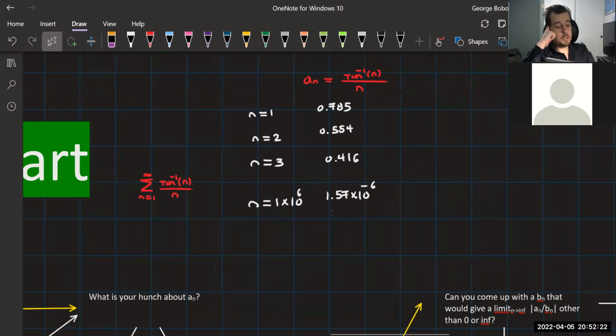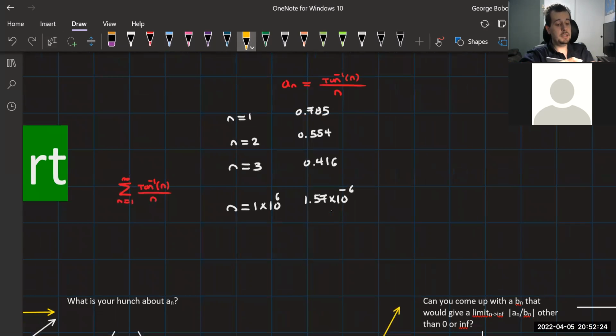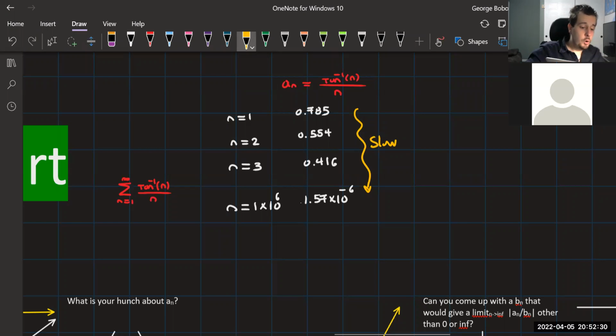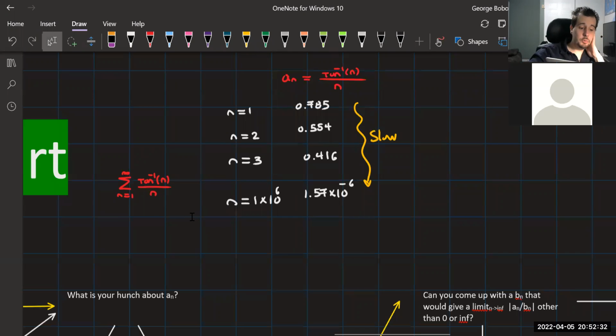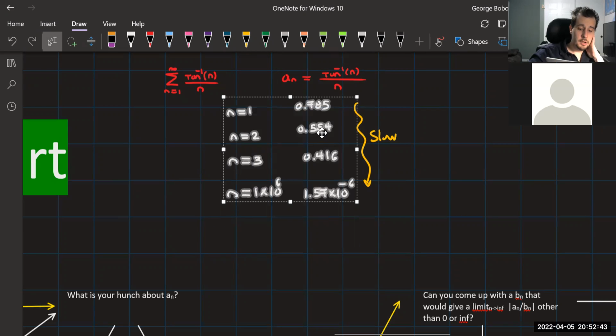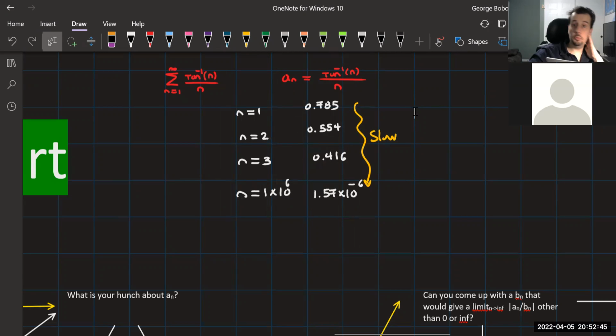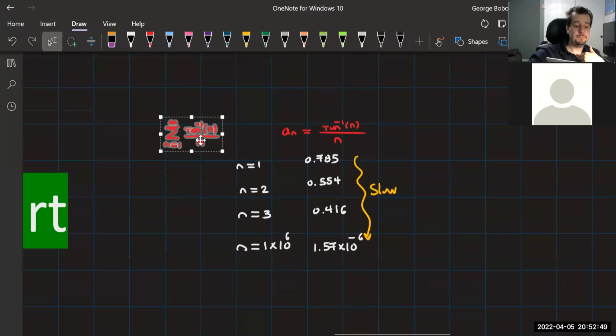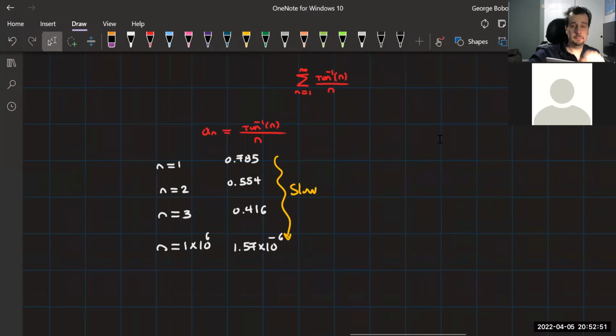So the problem here is I'm noticing that it's slowly converging. So I can't tell you with certainty. I'm thinking it could do both, because this is borderline in my judgment, whether it would converge or diverge.